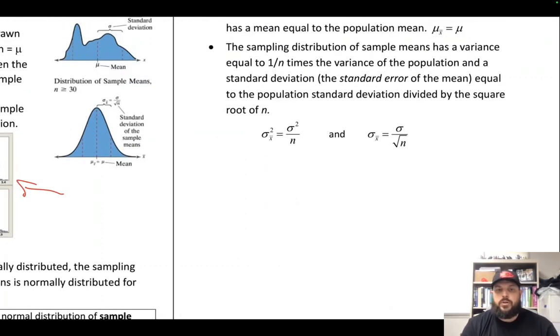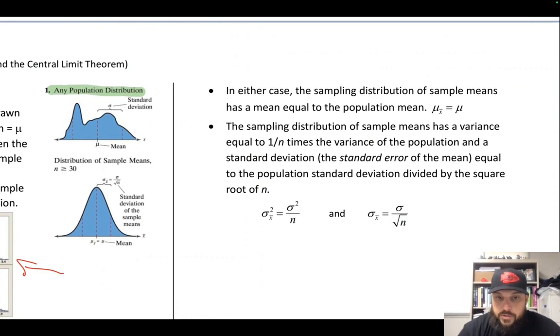All right. And so, again, just some quick notes. In either case, the sampling distribution of the sample means has a mean equal to the population mean. So again, the mean of our sampling distribution of sample means is equal to the mean of our population.